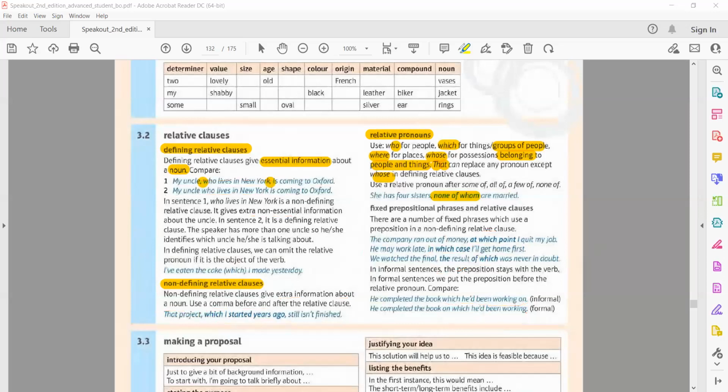Let me highlight it for you. This one, right? He might work late, in which case I will get home first. Yes, in which case, this is a preposition with a relative clause. It means in that case, okay? In that case, I will get home first.